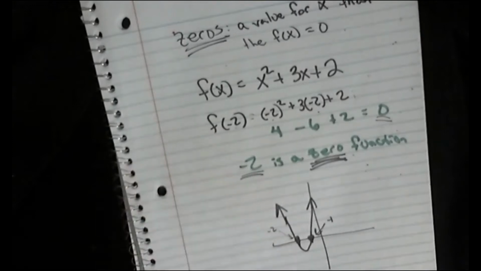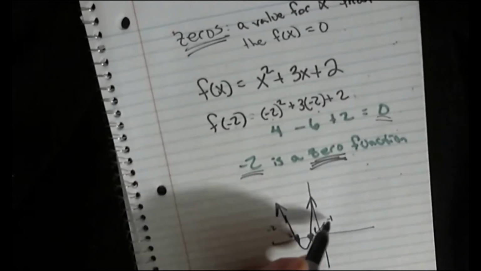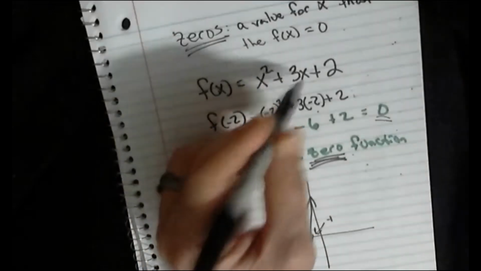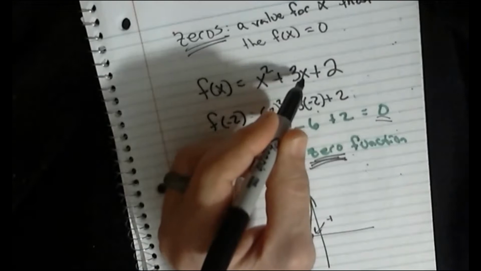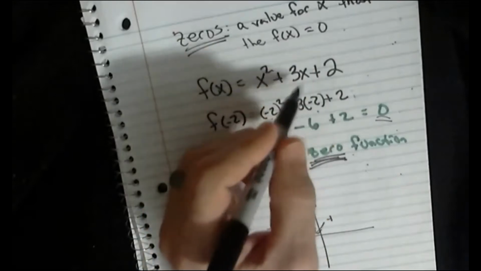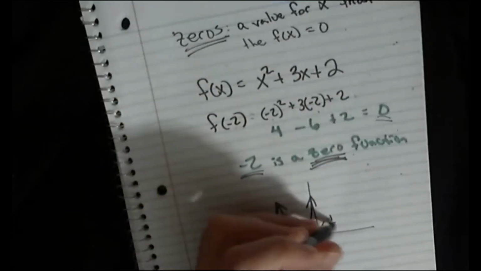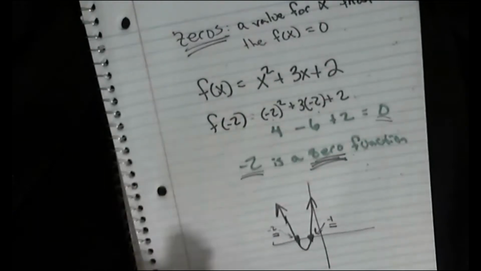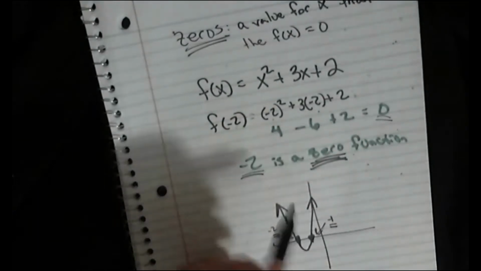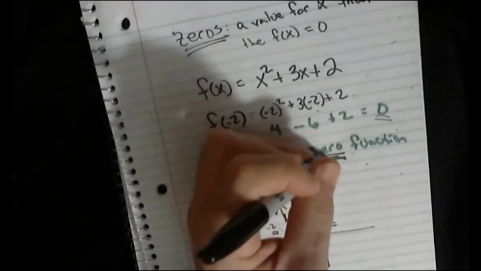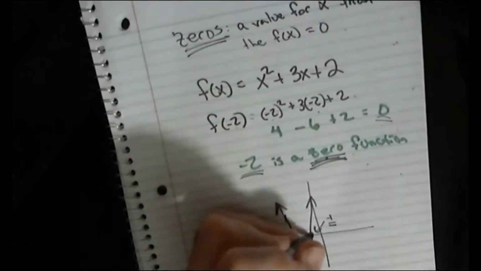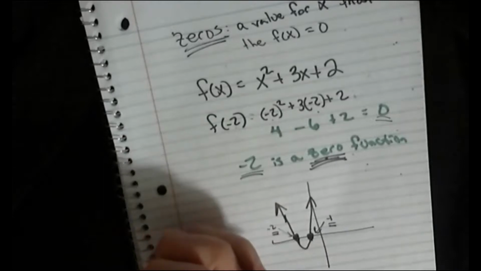We just showed -2 is a 0. We could also do the same thing if I plug -1 in: -1 squared is 1, 3 times -1 is -3, 1 plus 2 is 3, minus 3 is 0. So again, -1 and -2 are your zeros. If we were to accurately graph this function, it would cross at those two places. So a 0 can also be referred to as an x-intercept.